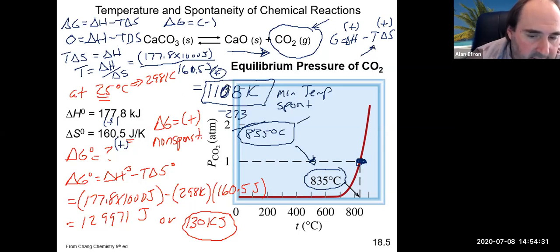And I would say 835 degrees is definitely a high temperature, as opposed to a regular temperature like 25 degrees where it was not spontaneous. So again, that ties together what we were just talking about in terms of positive effect. Any questions on that?